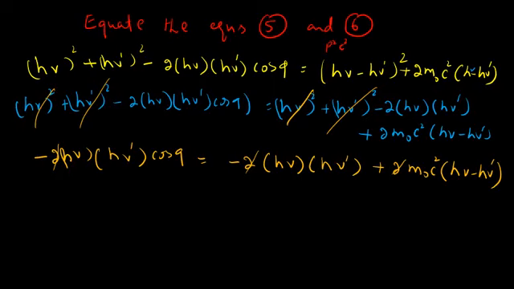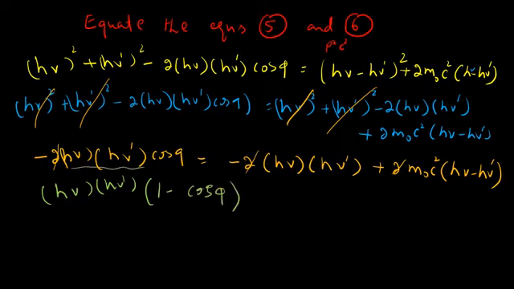So our remaining quantity we can further simplify, and it will be equal to h mu into h mu prime into (1 minus cos of phi).